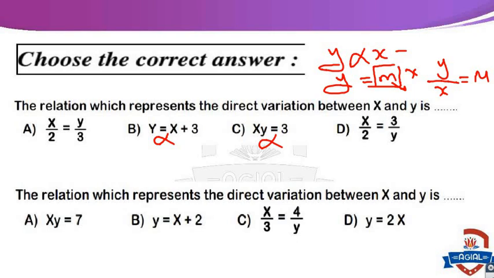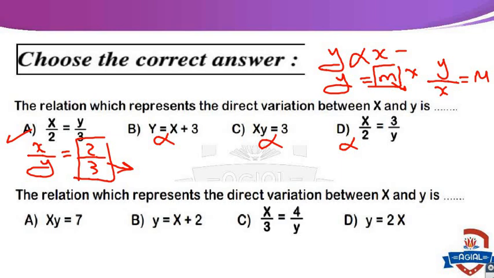No. x over 2 equals 3 over y? No. Then the correct answer is x over 2 equals y over 3, so x over y equals 2 over 3. 2 over 3 is the constant. Then letter A is correct.